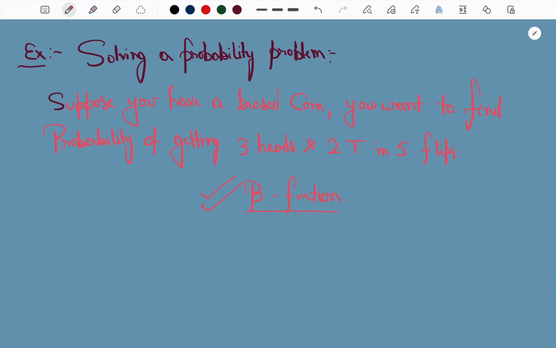Now before that, I told you that gamma of 1 by 2 was root pi, and I told you that I'll tell the solution at the end. So let's see how it is.